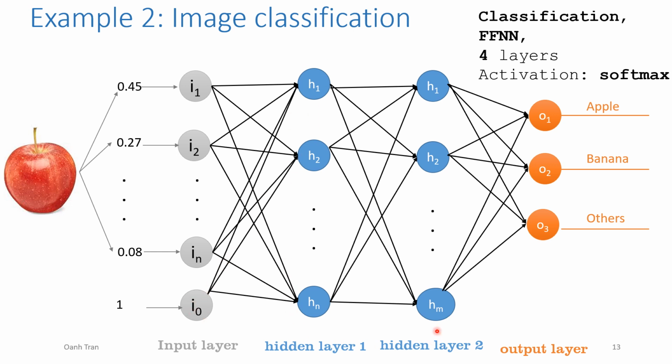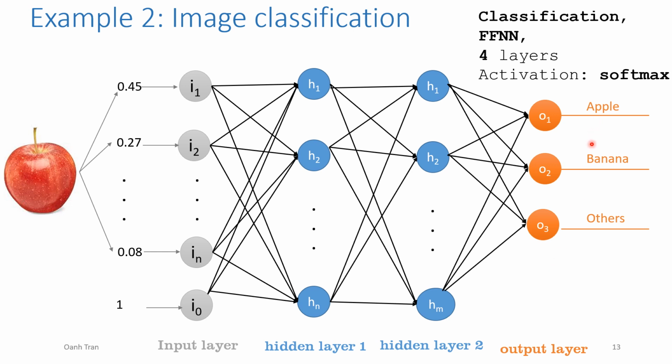For the hidden layers here, I may choose to design two hidden layers with several neurons in each layer. Next, the last one, we have three outcomes. So I design three neurons in the output layer because this one is multi-class, more than two.